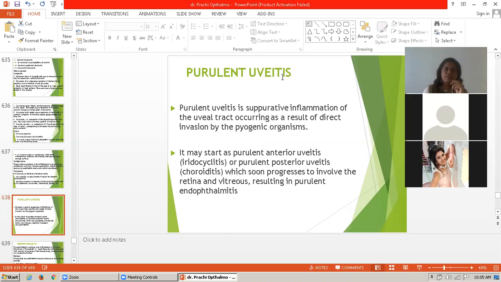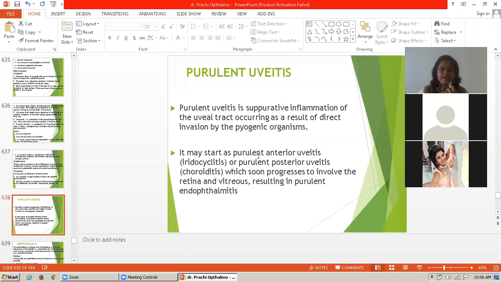In that, the first one is purulent uveitis. Purulent uveitis is a suppurative inflammation of the uveal tract occurring as a result of direct invasion by pyogenic organisms.